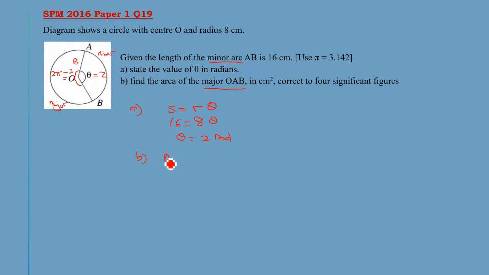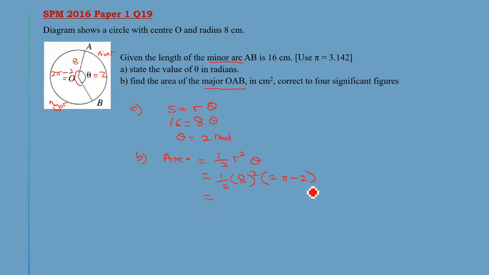So area is half r squared times the angle. Since it's the same circle, your radius is still 8, but be careful, we want the major, so the angle is 2 pi minus 2. Put it in.